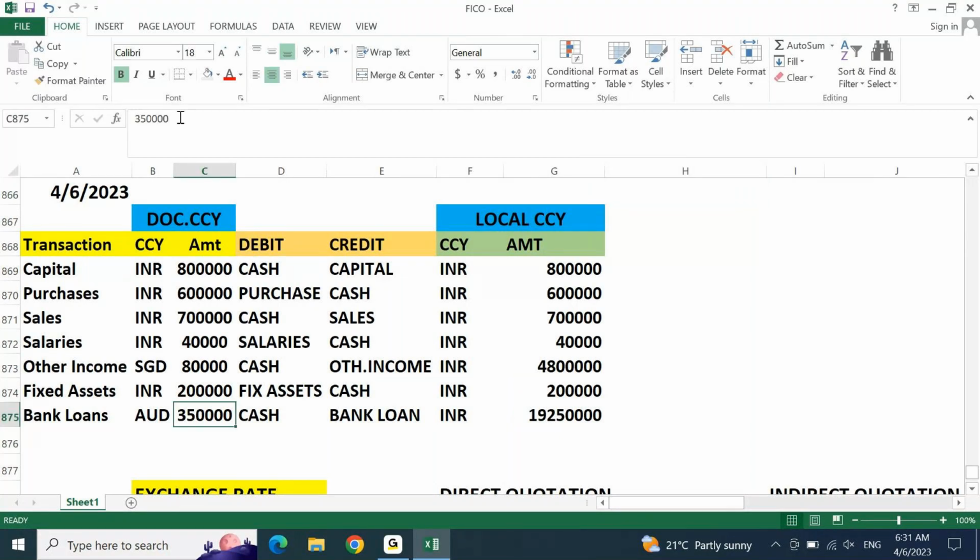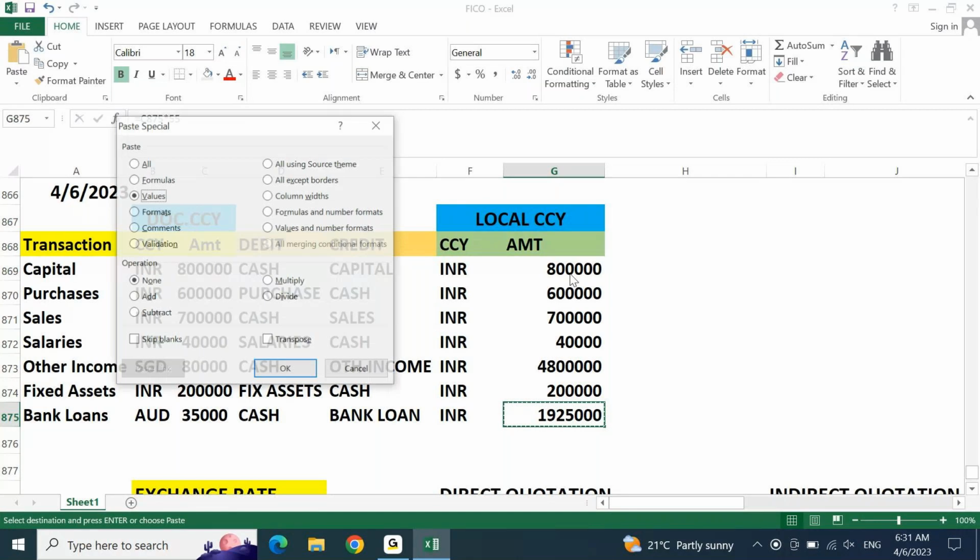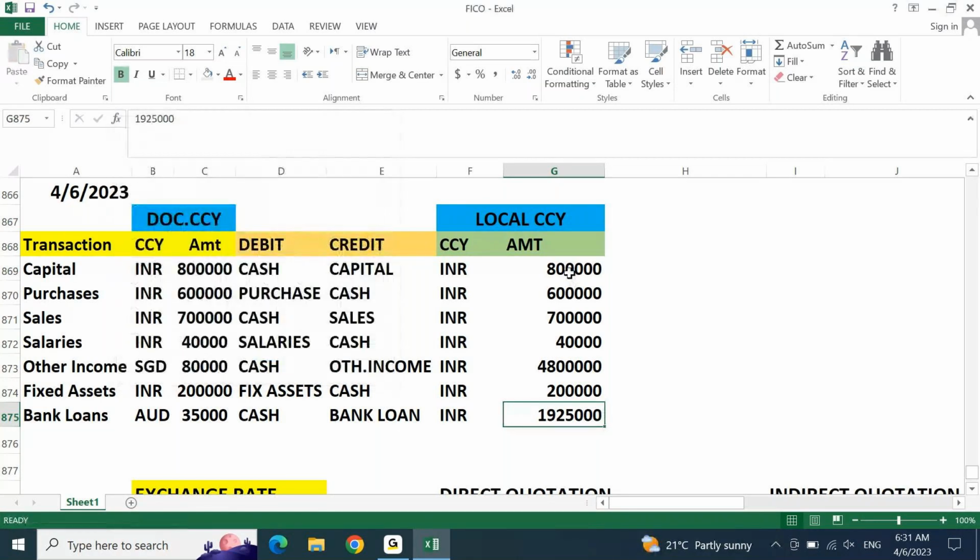Let me reduce this huge number. Now, are these local currency figures clear? Any doubt in this? Clear, sir.